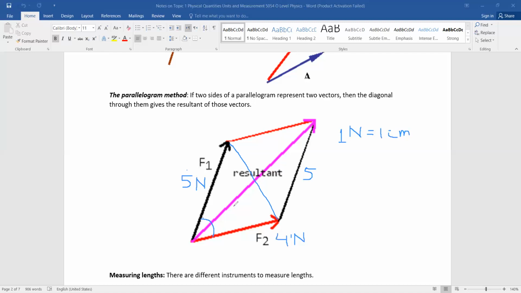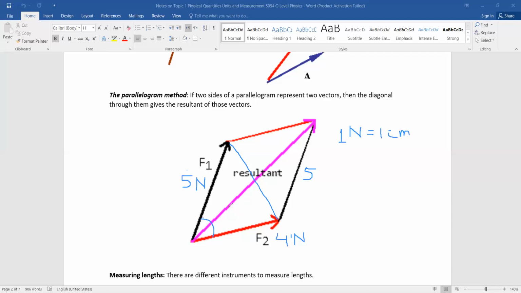The one already given, or the one I just drew now? Sir, the one which was given from before. Okay. Why that one? Sir, because it is the diagonal going through the vectors given, right? That's why we have to consider this diagonal.